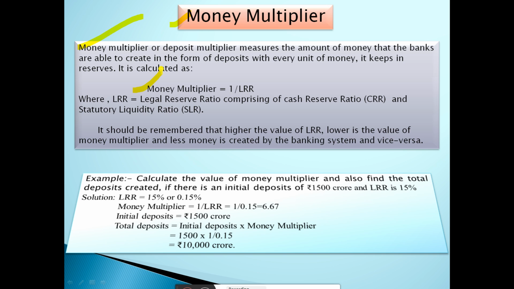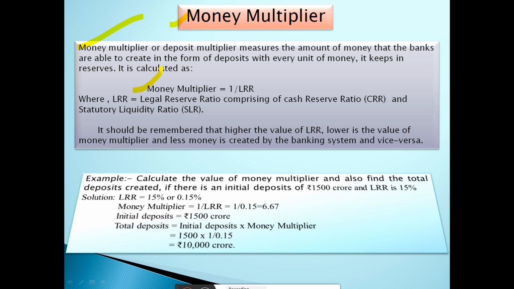So students, remember that whatever money is deposited by the public in a bank, what does the bank do with this deposited money? They can increase their money or multiply their money. How? By giving loans to the public. But remember that not all the money deposited in the bank is given as a loan.